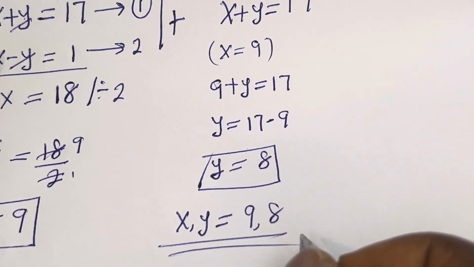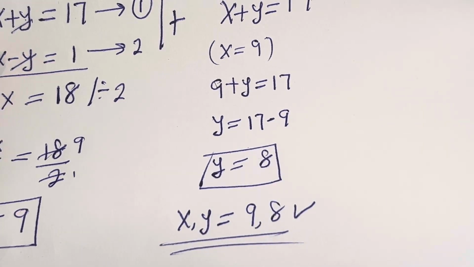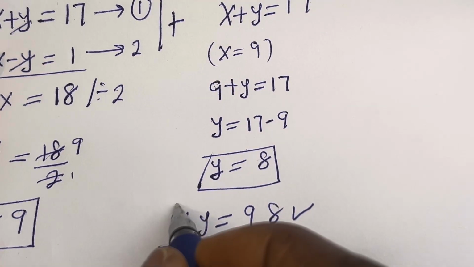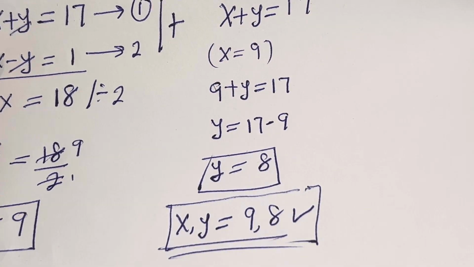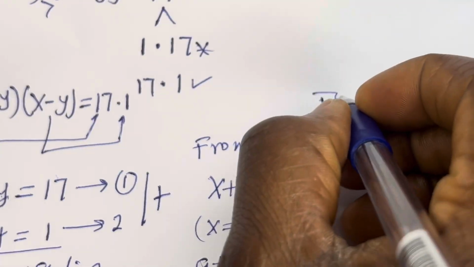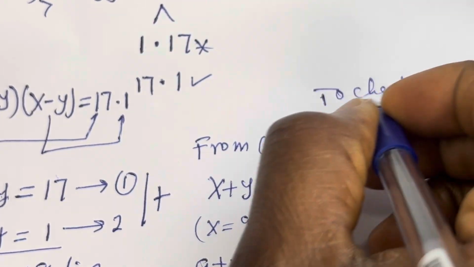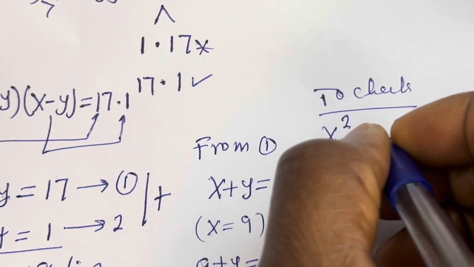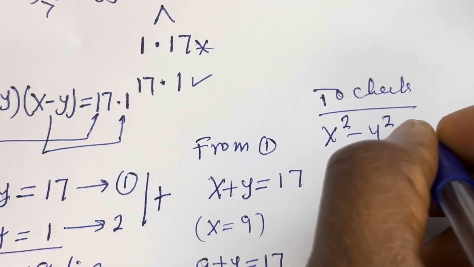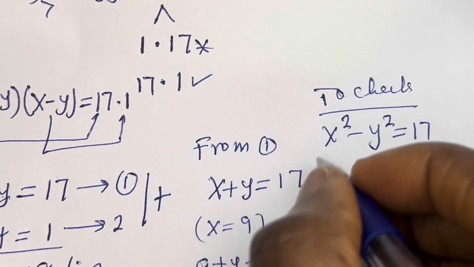And these are also natural numbers. We may check to confirm if this answer is right or wrong. Let's check. To check, we have the given equation, x squared minus y squared is equal to 17. x is 9.